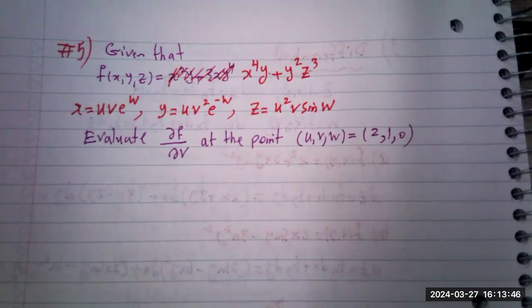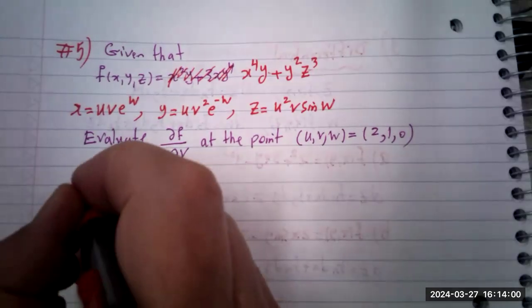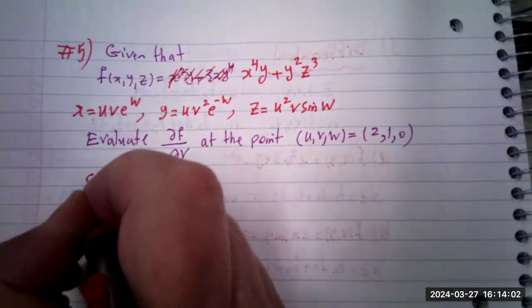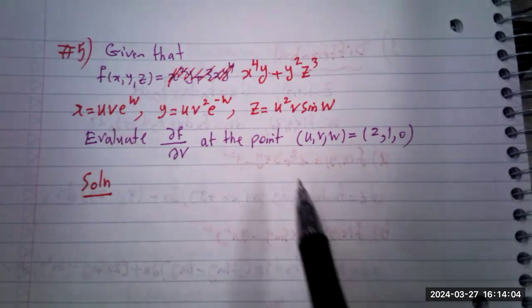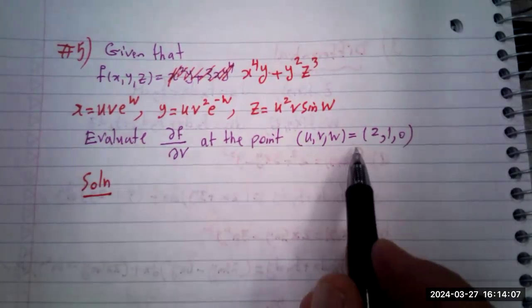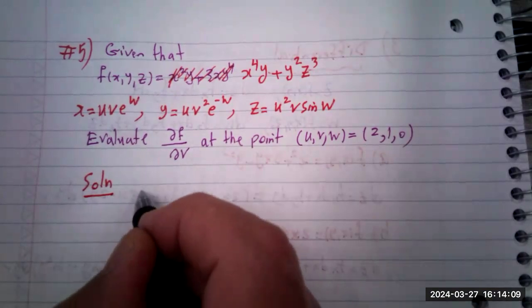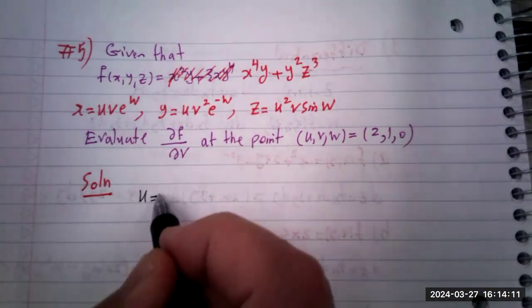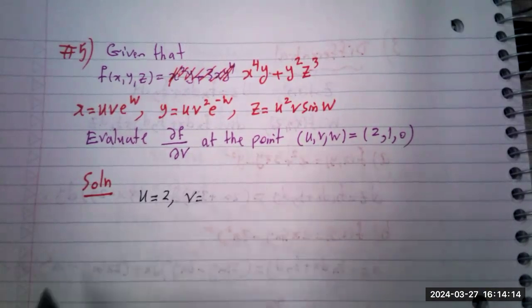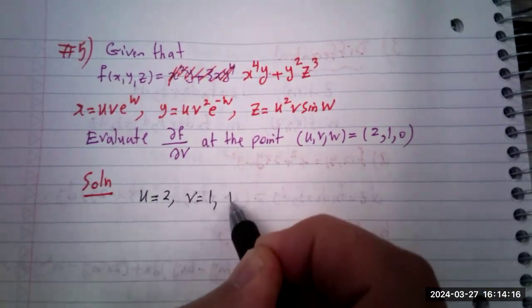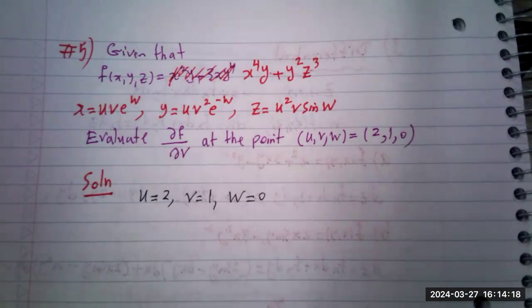Again, you better get those substitutions as quickly as possible. You have the u, v, w. The first thing to do is substitute to get the corresponding values for x, y, z. Don't wait. Find those numbers first. I'm going to use u equal to 2, v equal to 1, and w equal to 0.